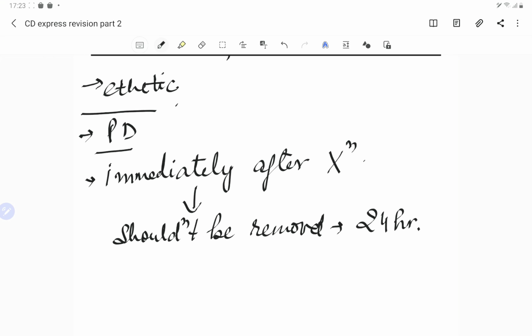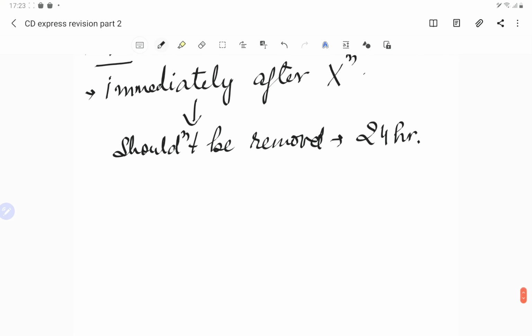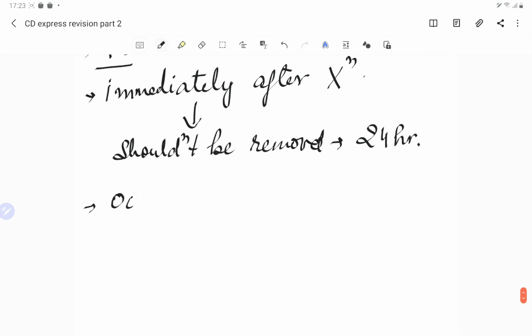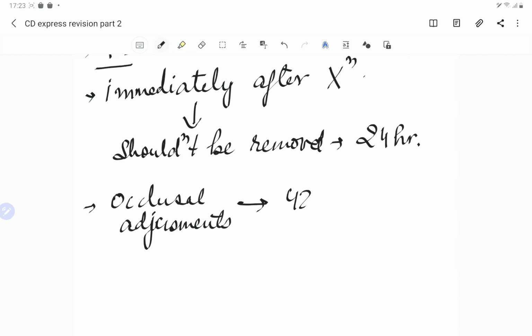You are going to recall the patient after 24 hours, and the occlusal adjustment is done after 48 hours to 1 week after the insertion. So after you have inserted, 48 hours to 1 week, after that you do the occlusal adjustments in case of a patient with the immediate denture, right?